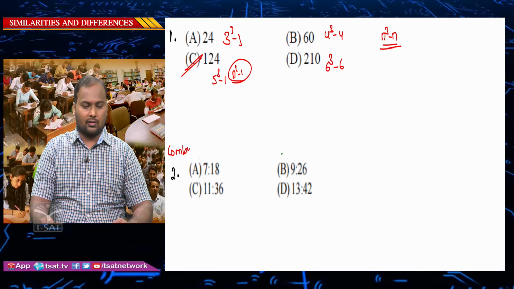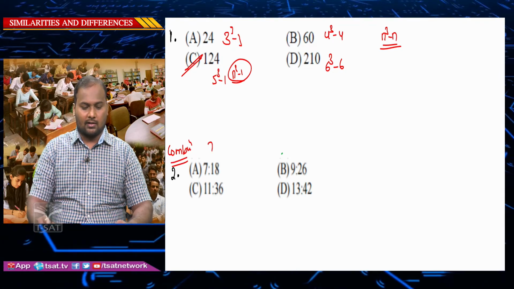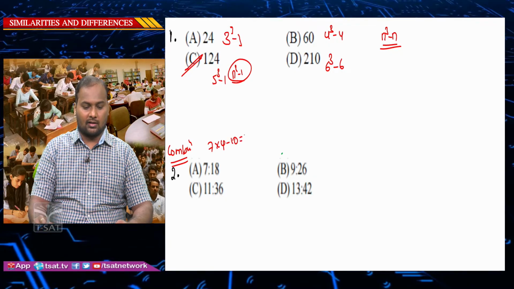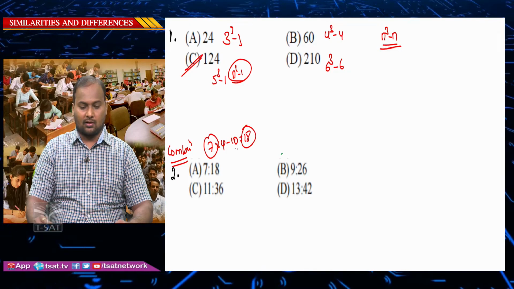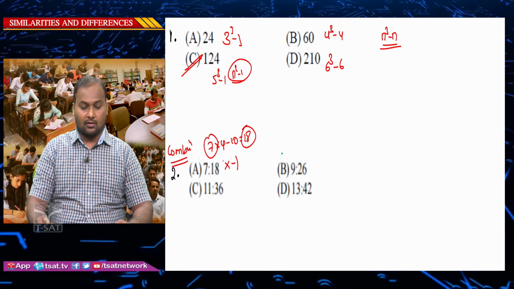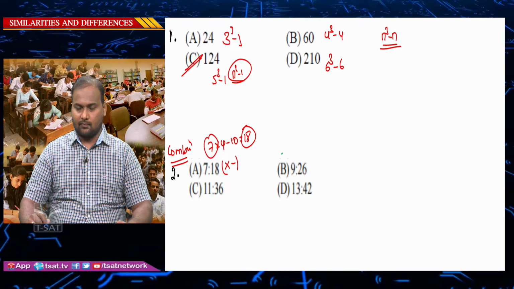What is that combination here? For example, 7 and 18. I can write 7 four times is 28 minus 10. Then I will get the answer as 18. So we are having 7 and 18, and what is the logic in between? That is multiplication and subtraction. So this is the combination. The combination of multiplication and subtraction is the logic.